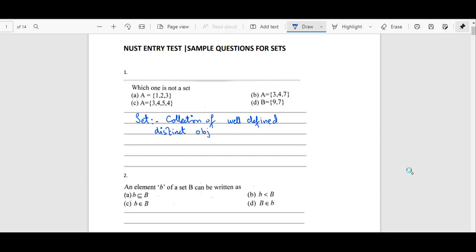Okay. All right, so this is how we define a set. In a set, we have a collection of well-defined, distinct objects, right?